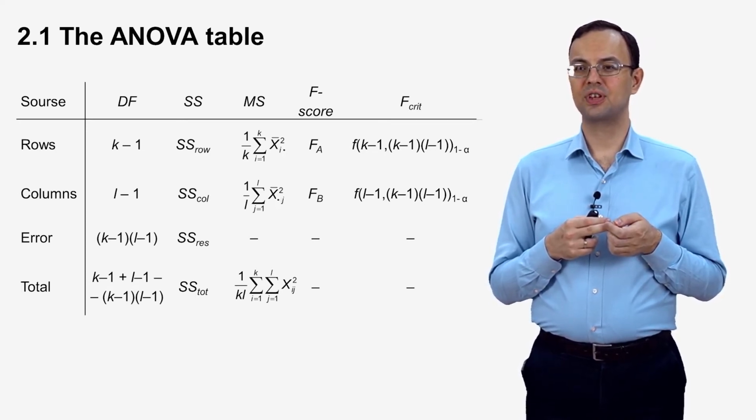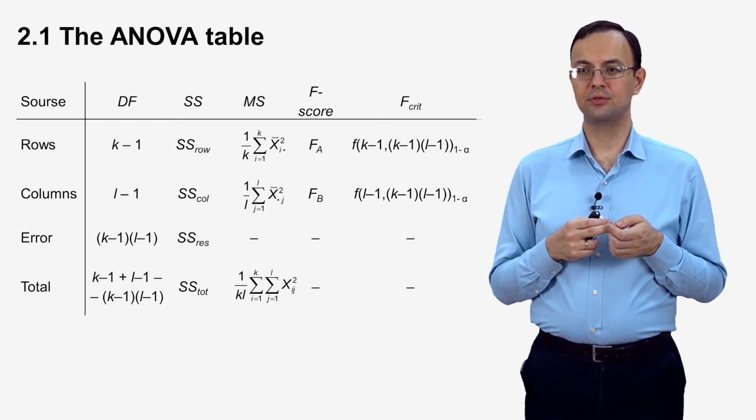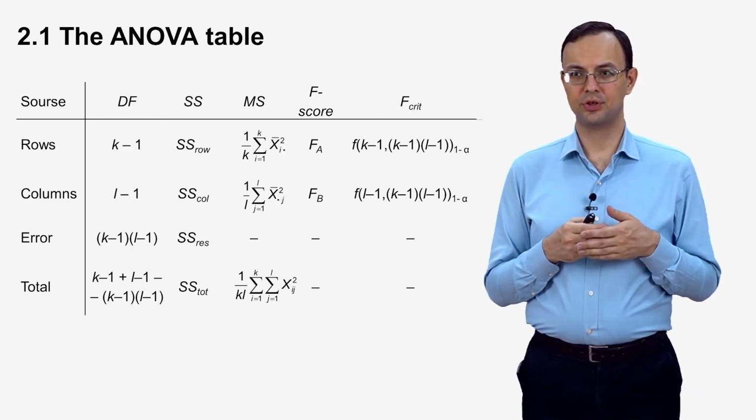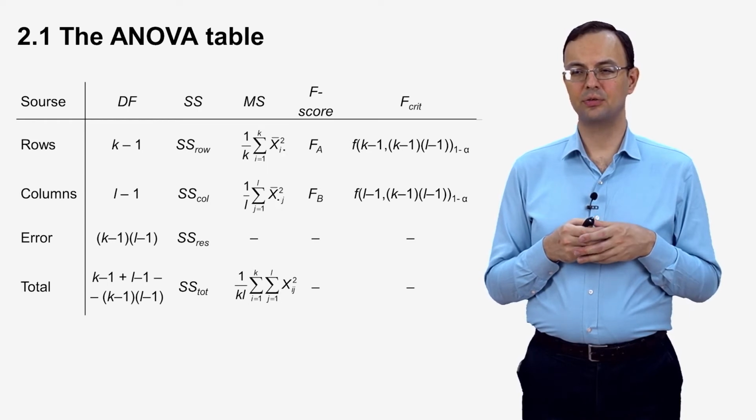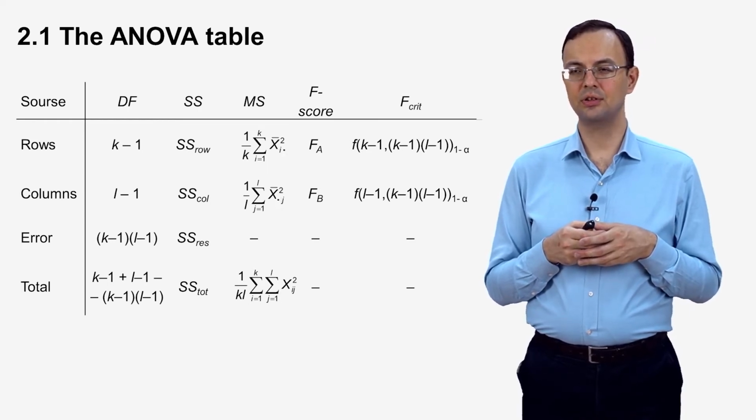Then we have sums of squares that are found according to the formulas I have already shown: SS row, SS column, SS residual, and SS total.